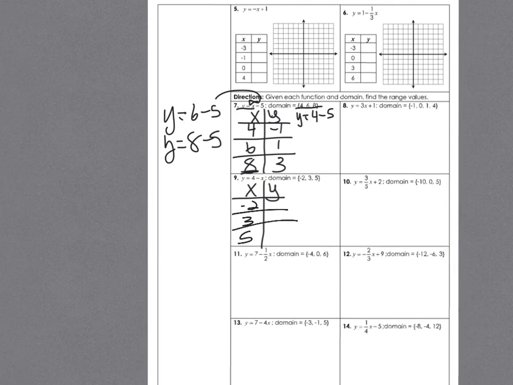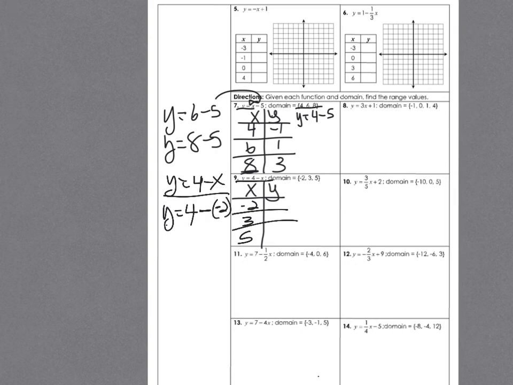Okay, so we're just going to take this equation, y equals 4 minus x, and we're going to replace x with a negative. So y, this is where some of you need to be careful. Y minus, that's part of the equation, right? 4 minus, that's part of the equation. And then it says minus x, and here x is -2.